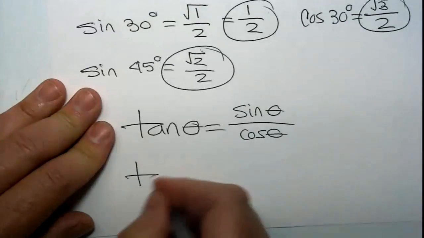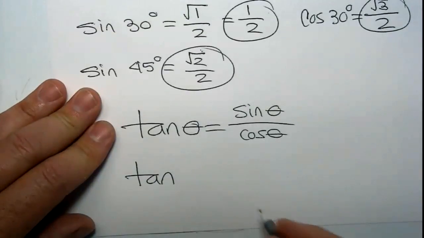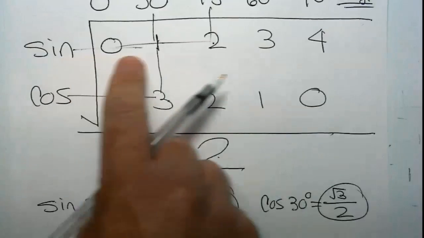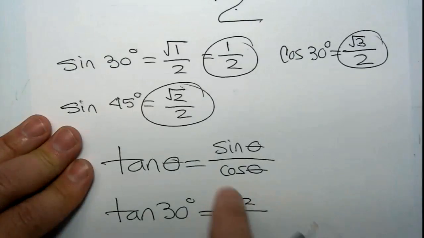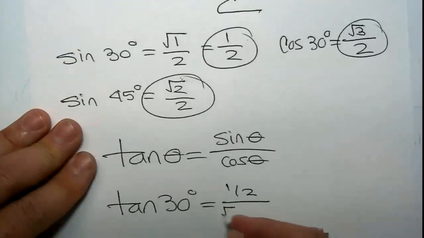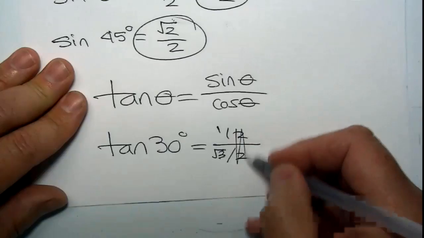So let's do the tangent of, how about 30 degrees? The sine of 30 degrees is right here. We did it already. Square root of 1 over 2, that's 1/2. The cosine of 30 degrees, we did that already. It's right here, square root of 3 over 2. By the way, do you notice that they both have divide by 2? So you know what?